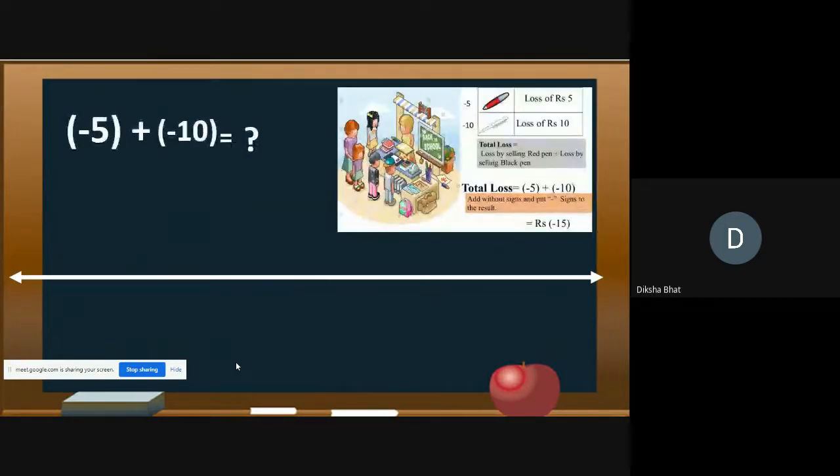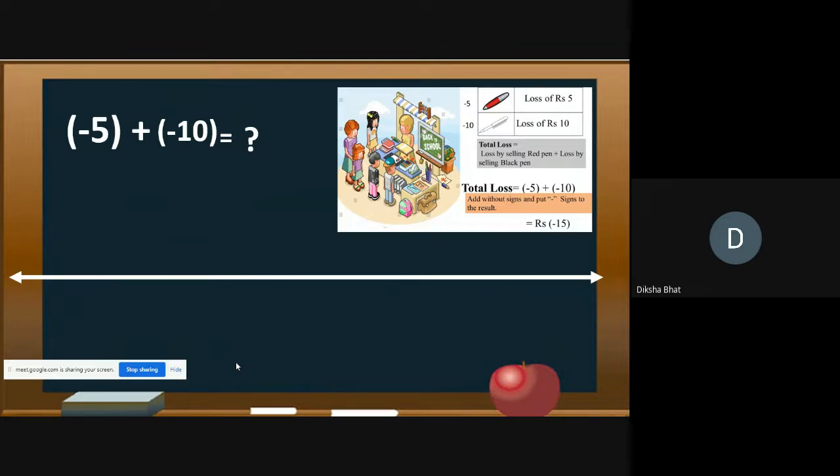Now let us solve this problem using number line. So what was the answer we got? Negative 5 plus negative 10. Negative 15. Yes, correct. Now tell me, which is the first integer? Negative 5. Yes.